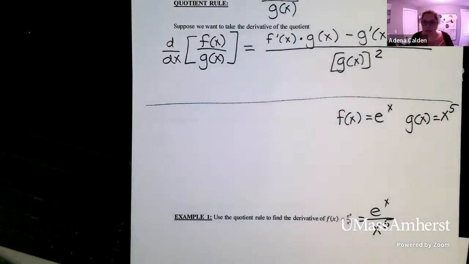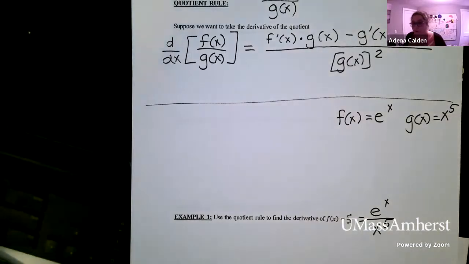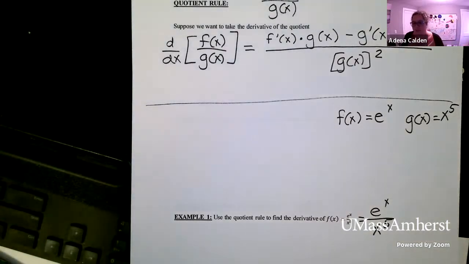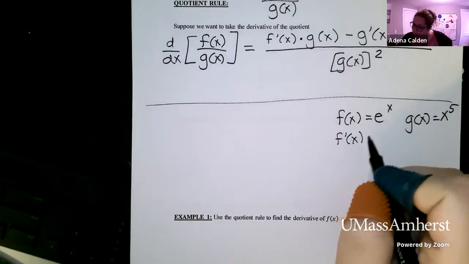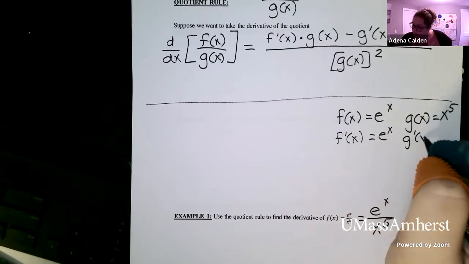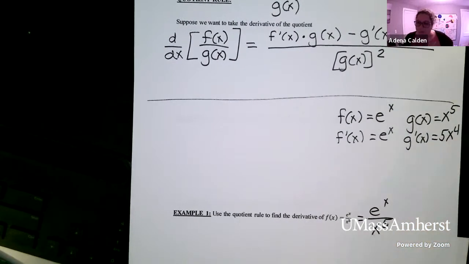Okay, so again, I'm picking one function to be f, one to be g based on where they're located. And then hopefully these functions are basic functions that I can take the derivative of. So here, the derivative of e to the x is e to the x. The derivative of x to the fifth is 5x to the fourth.